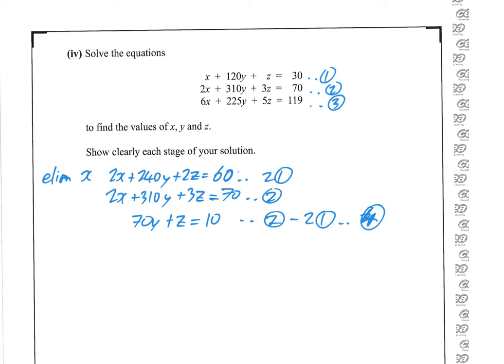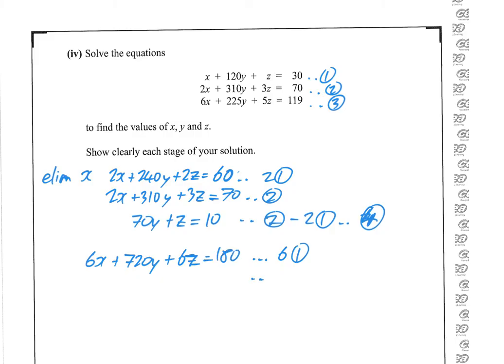Okay, I'm also going to eliminate x from equation 1 and 3. So I'm going to multiply my first equation by 6 to get the same number of x's. So I'm going to have 6x plus 720y plus 6z is equal to 180.